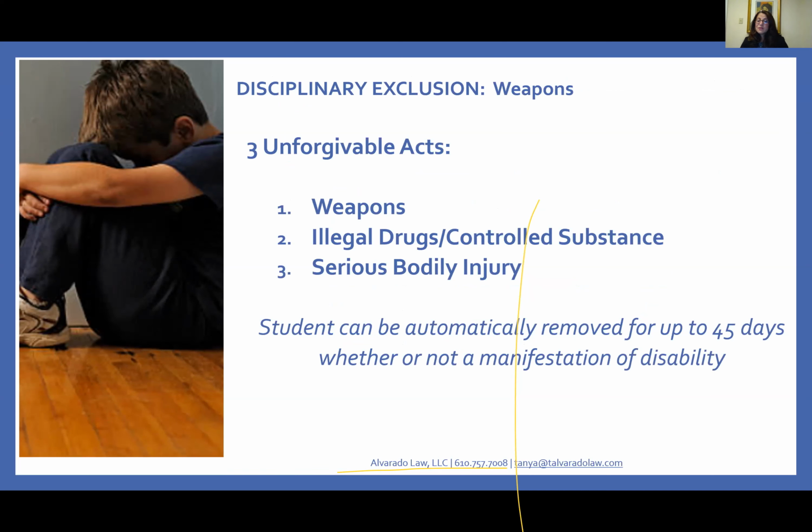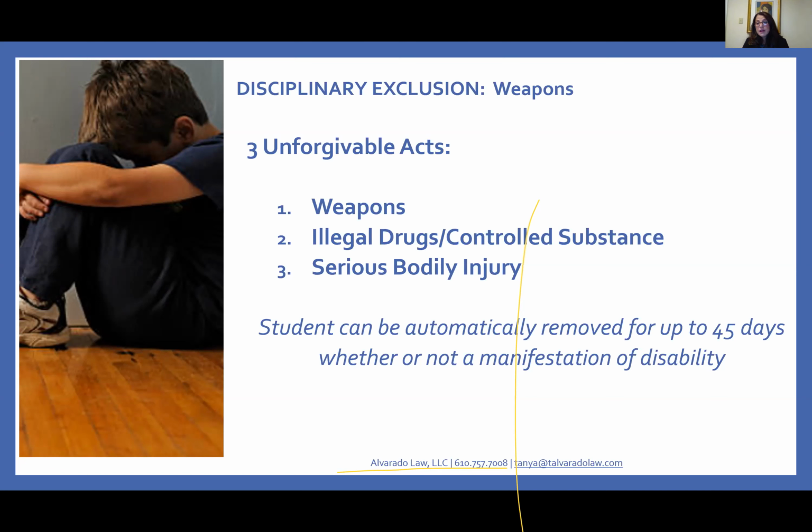Okay, what is the exception? So when can the school district immediately remove your child? Doesn't matter. We're not talking about the 10 consecutive days or the 15, or, when can the school district sweep in and say, we're going to expel your child, or you're changing your child's placement, you're going to an alternative setting? There are 3 instances, I call them the unforgivable acts.